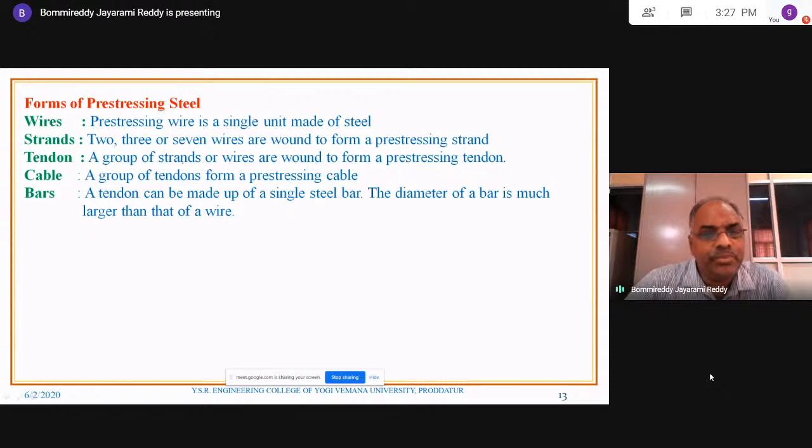Tendon: a group of strands or group of wires are wound to form a pre-stressing tendon. Cable: a group of tendons form a pre-stressing cable. And bar means a relatively higher diameter; for lower diameter we call it a wire, and if the diameter is more, then it is called a bar.